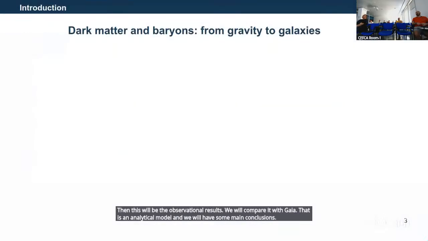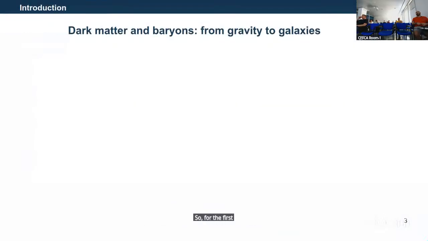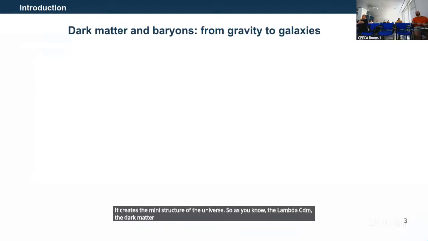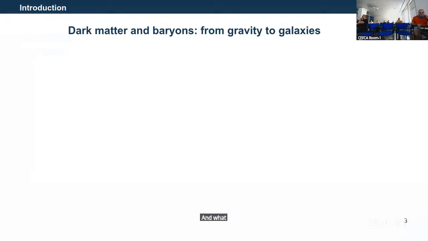For the first point, we want to know the difference between dark matter and baryons and how it creates the main structure of the universe. As you know, in lambda CDM, dark matter is what creates the structure of the universe gravitationally.